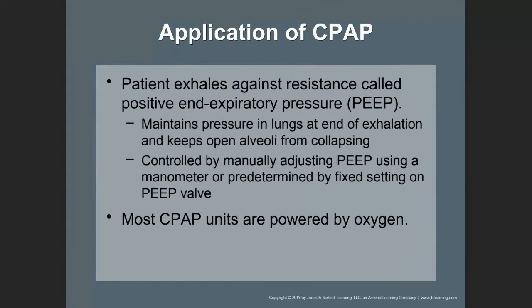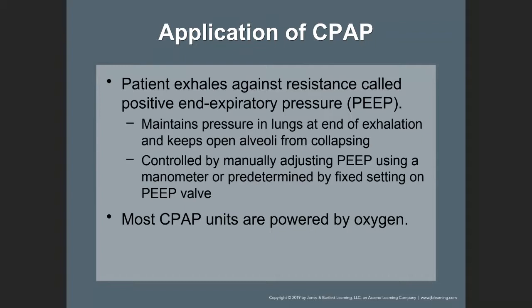Application of CPAP. The patient exhales against resistance called positive end expiratory pressure, or PEEP. It maintains pressure in the lungs at the end of exhalation and keeps open alveoli from collapsing. It's controlled by manually adjusting PEEP using a manometer or predetermined by a fixed setting on the PEEP valve.